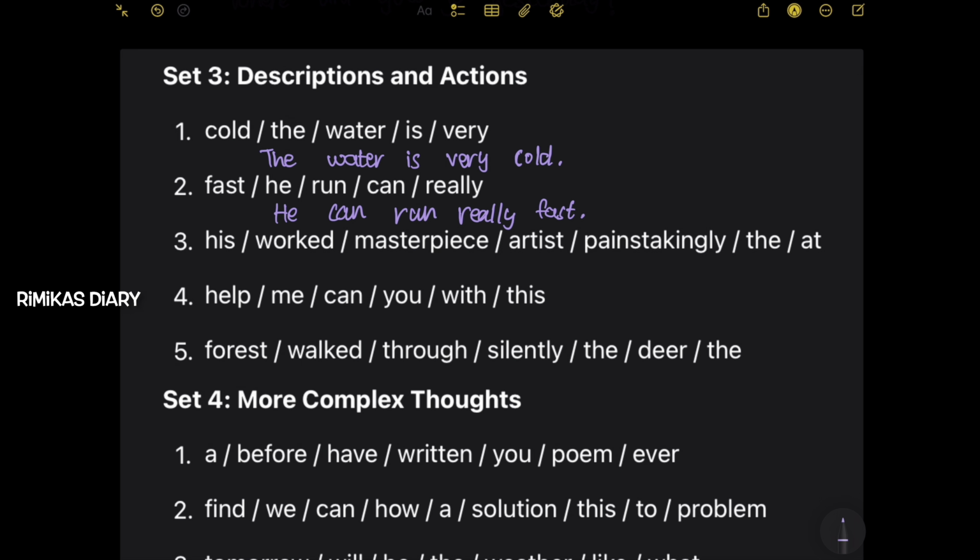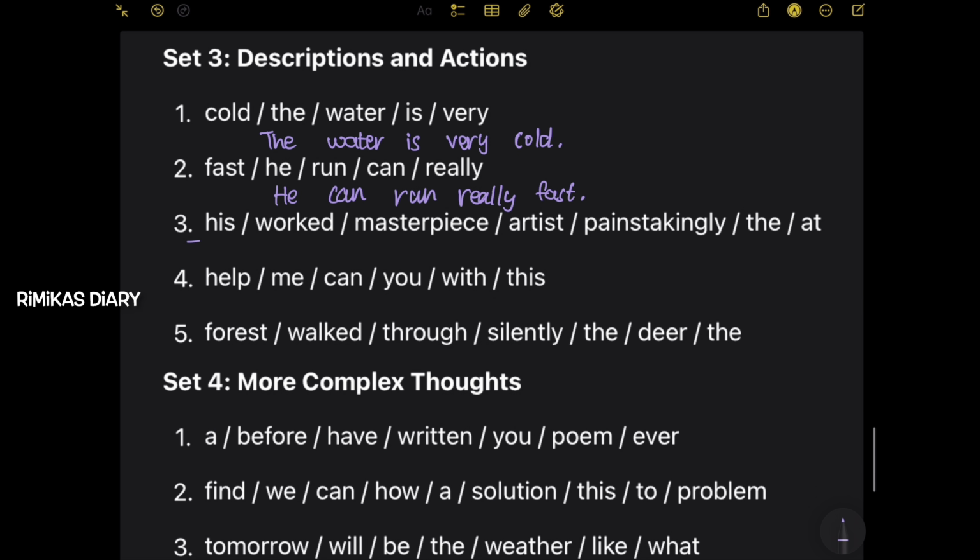His worked masterpiece artist painstakingly the at. So the artist worked at his masterpiece painstakingly.